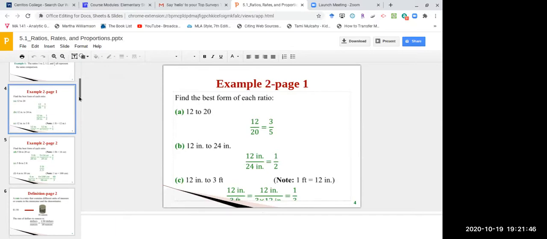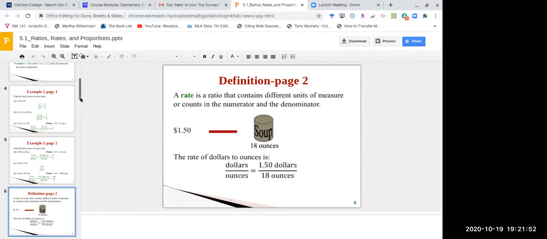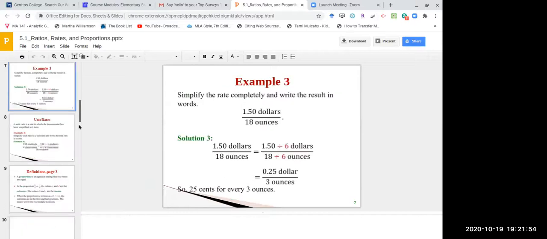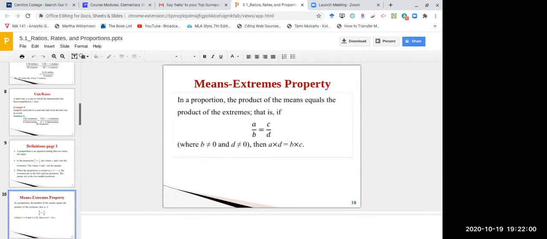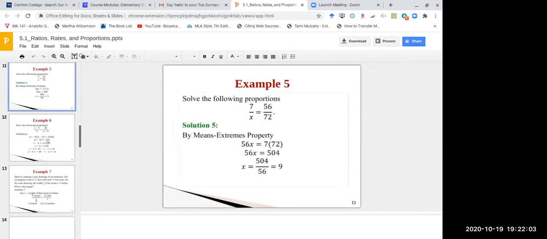And using this kind of proportional technique lets us solve a lot of different kinds of problems, including the best price, the unit rate, and a lot of other things like this equation in example 5, where you can cross multiply once again, x times 56, or 56x is equal to 7 times 72, then divide both sides by the coefficient of x to get 504 divided by 56 is equal to 9.